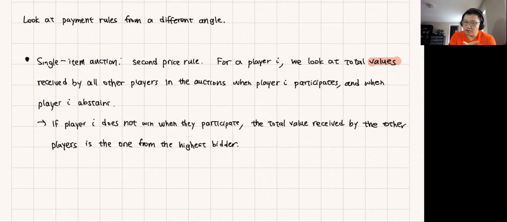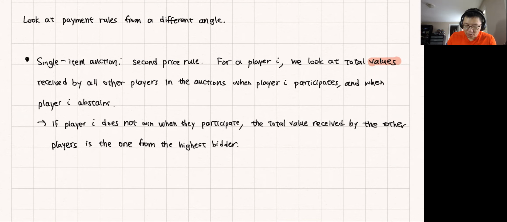So you have a normal auction, and normally the highest player wins. When player I does not win when they participate, the total value received by the other players is equal to the value of the highest bidder.